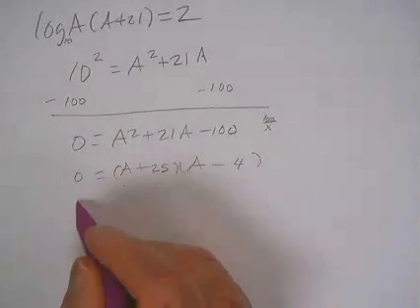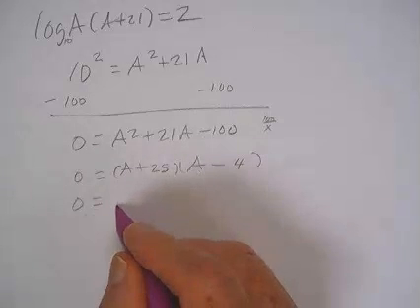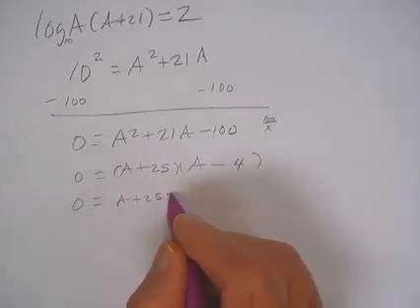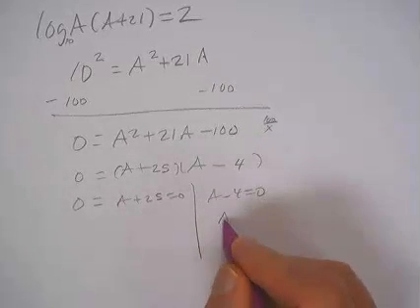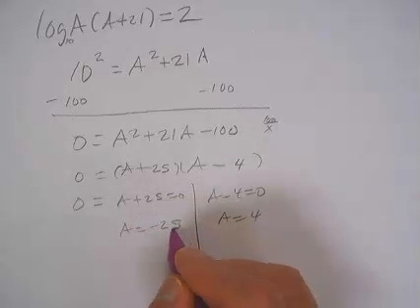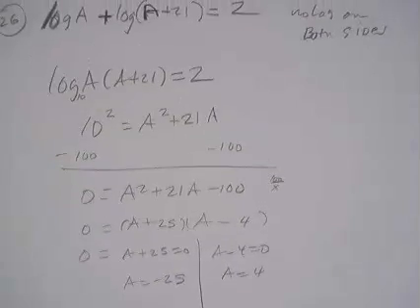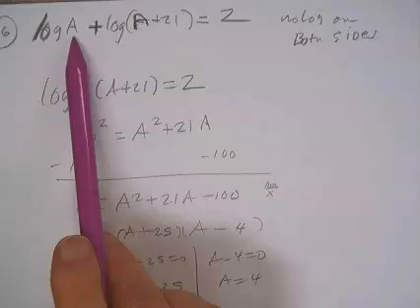Okay. And then we've got this factor times this factor is 0, so I want to know where each factor is 0. A equals 4, and a equals negative 25. Now, one of those does not work. So think about putting them in right here for a.